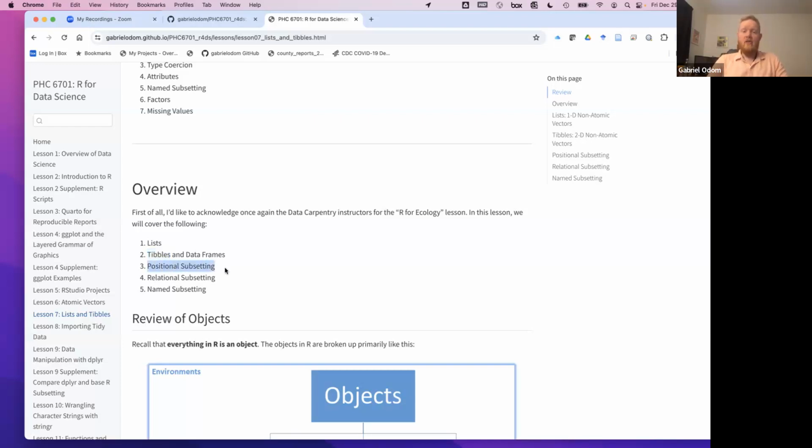We're going to talk about positional subsetting and how the same rules that we applied to atomic vectors, like give me the third thing, work somewhat similarly to non-atomic information, and also relational subsetting. Before, we talked about Boolean or logical subsetting.